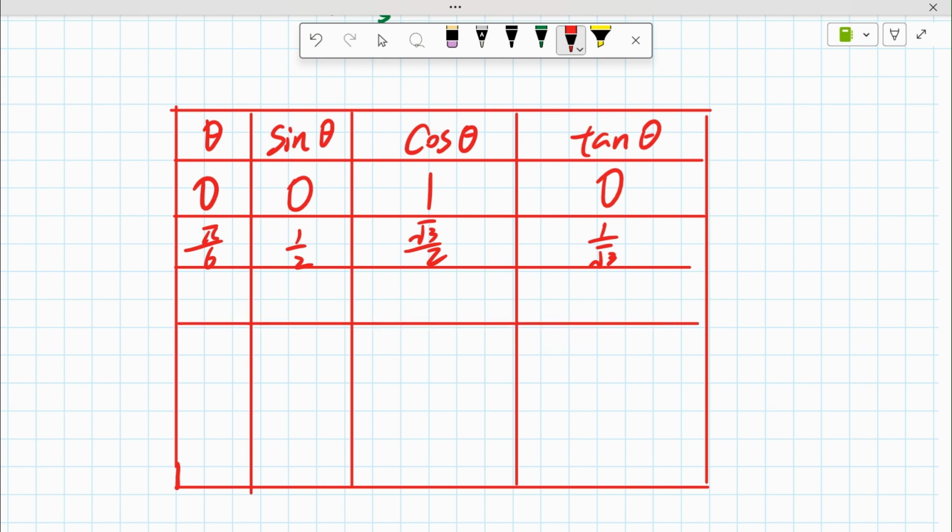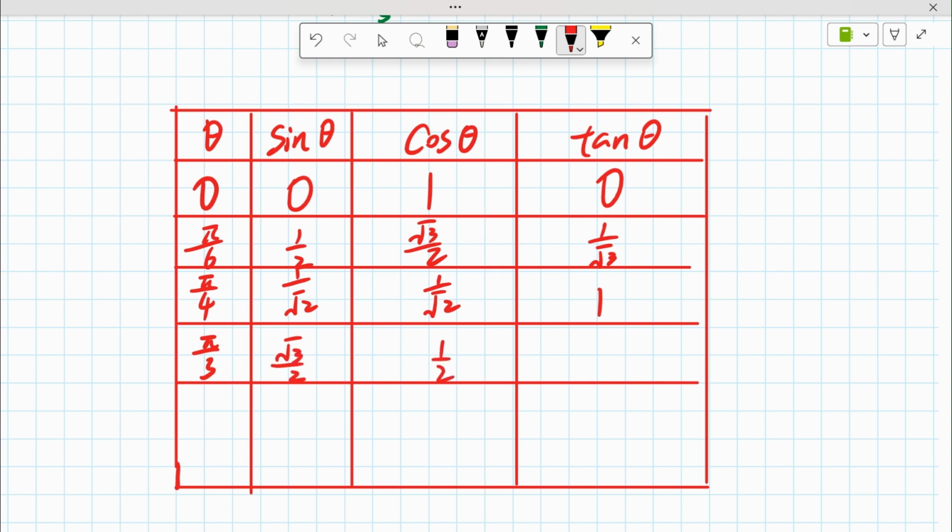And now we go to pi on 4, which is 45 degrees, and this one is 1 on root 2, 1 on root 2, and 1. And next one we go with pi on 3, which is 60 degrees. This one is root 3 on 2, this one is half, and this one is root 3.